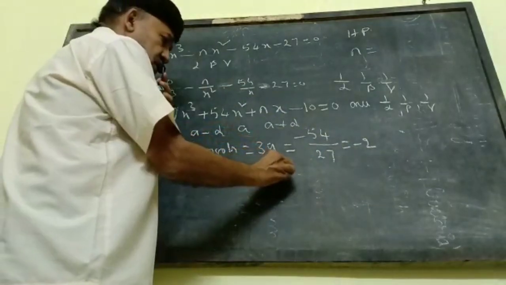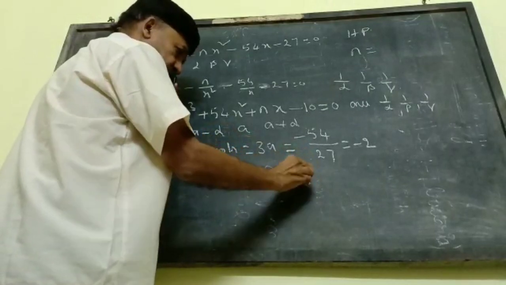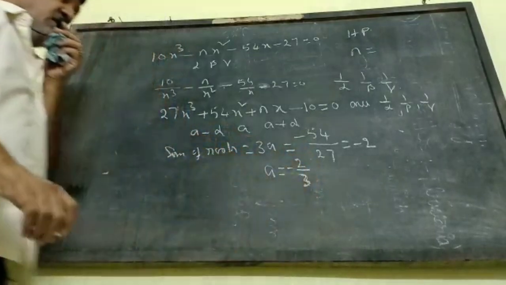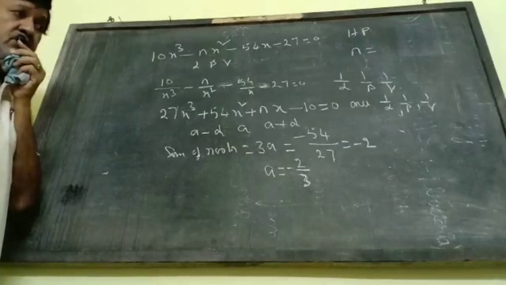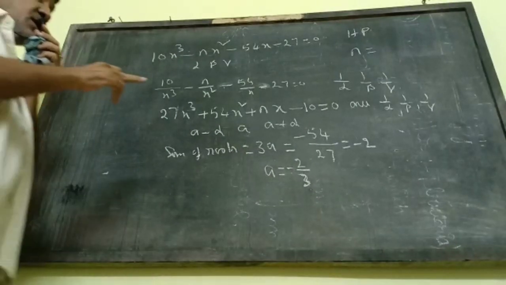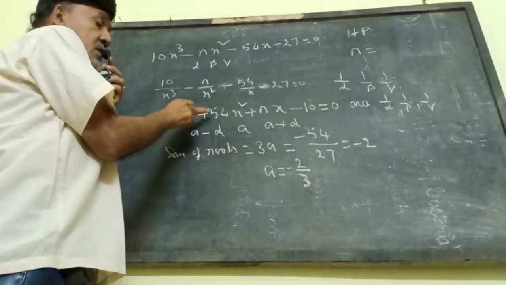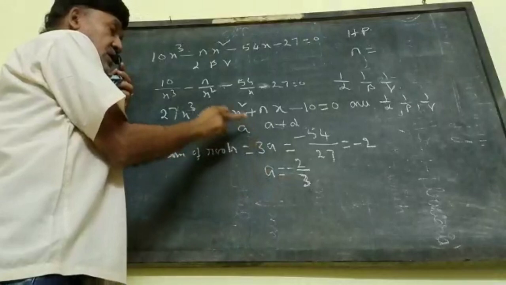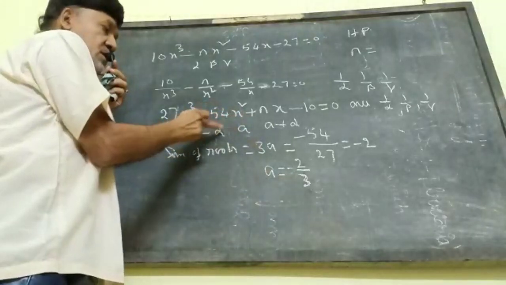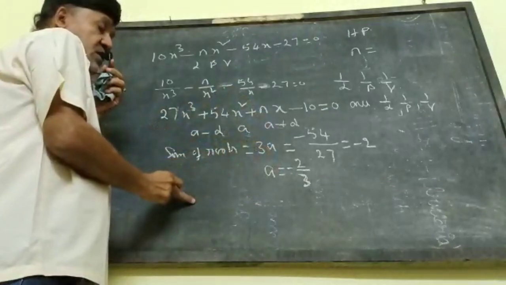A value will be equivalent to minus 2 by 3. Remember, A is a root of this equation. A happens to be a root of the equation, is it not? A minus D, A plus D are roots.